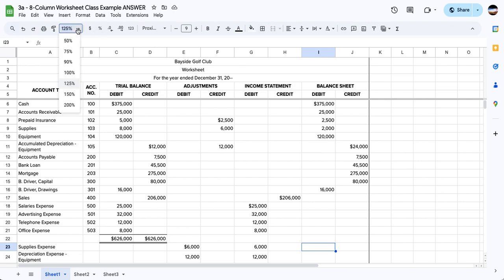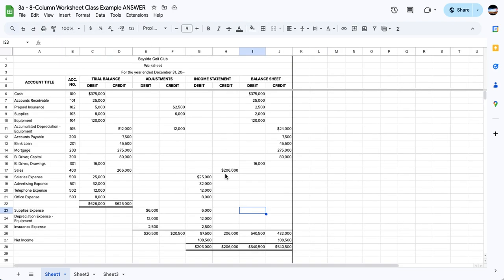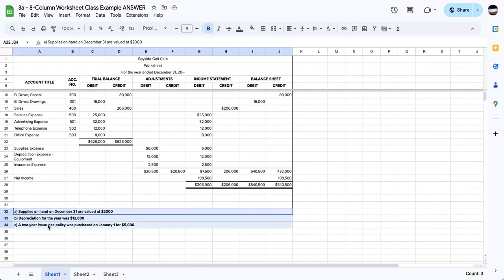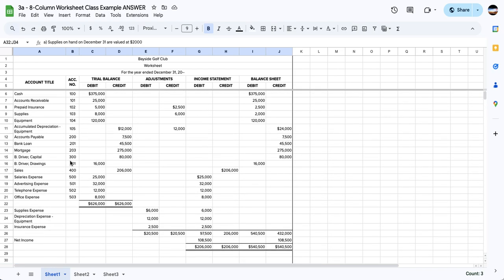I'll make it a little bit smaller so we can see the whole thing, hopefully. So there's the whole thing there. And I'll walk you through it again very quickly. So you'll be given a trial balance. You'll also be given your adjustments that need to happen. From there, we do some simple calculations. So we did supplies, and then we added the supplies expense.